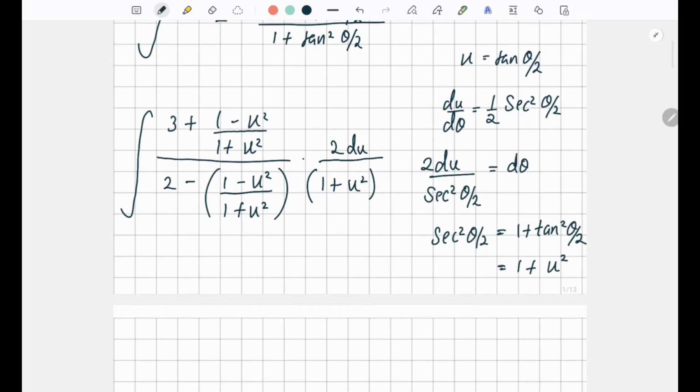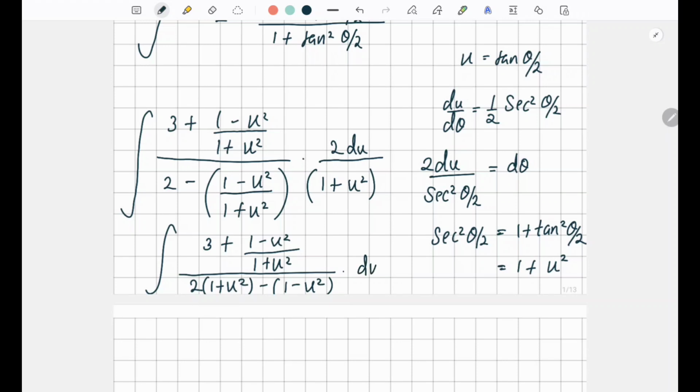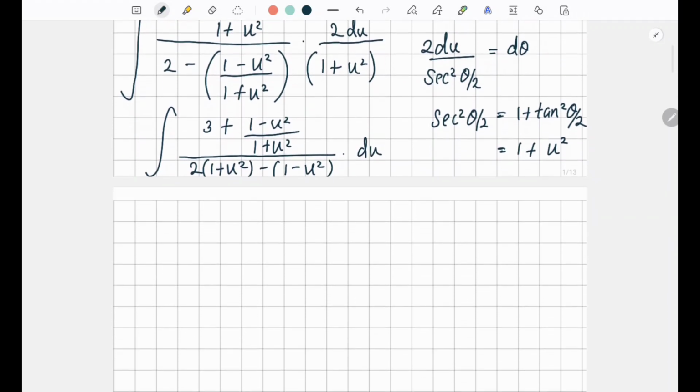So let's expand the denominator, and you'll have 3 plus 1 minus u squared over 1 plus u squared, over 2 into 1 plus u squared minus 1 minus u squared, dot du. Okay, so now let's find the common denominator in our numerator.